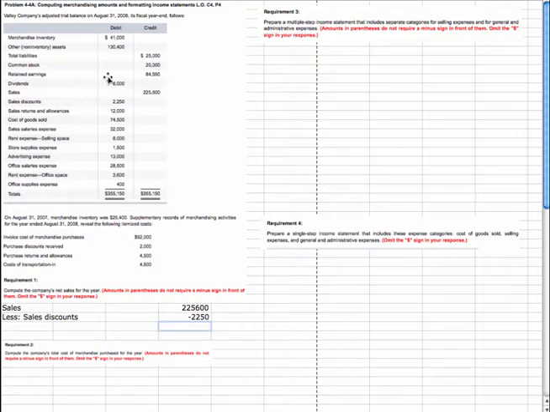Also, we're going to subtract out the sales returns and allowances. And if we look that number up, it's the $12,000.